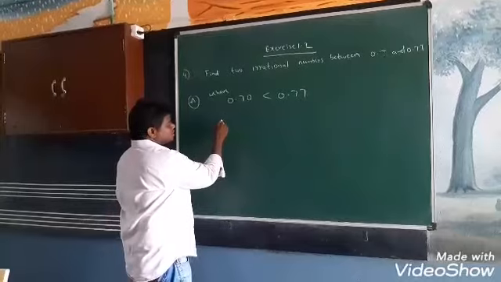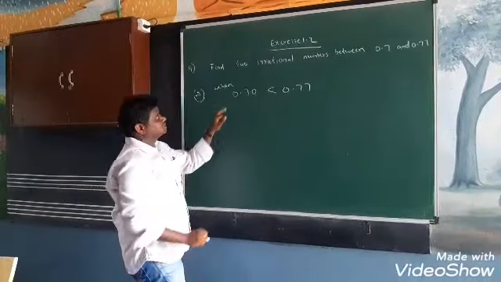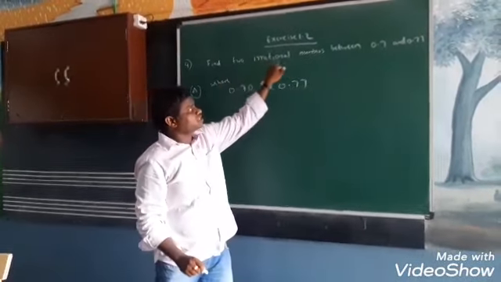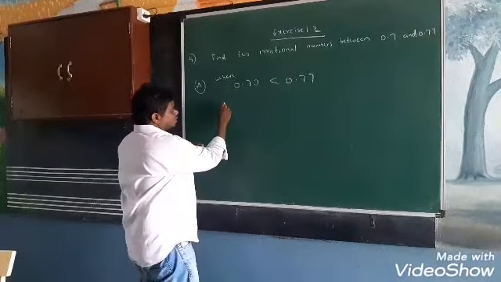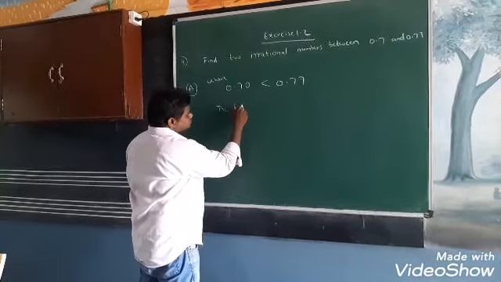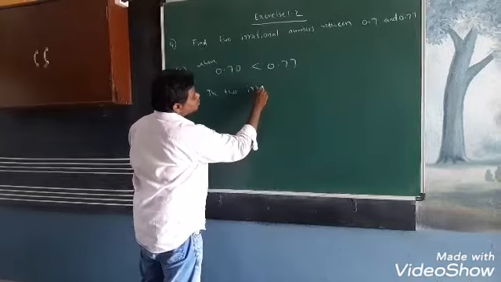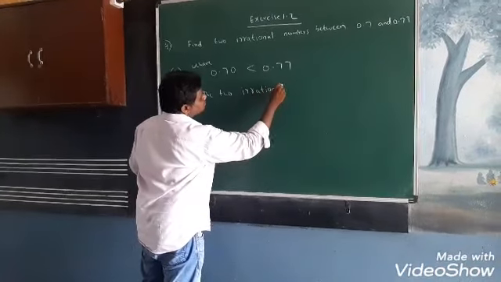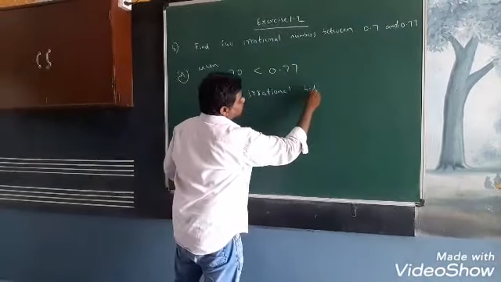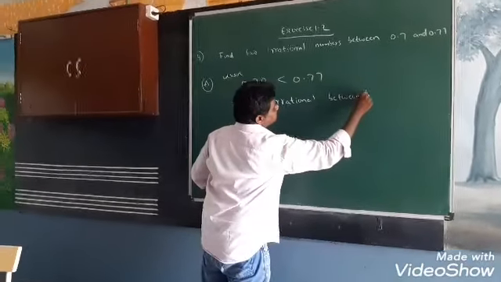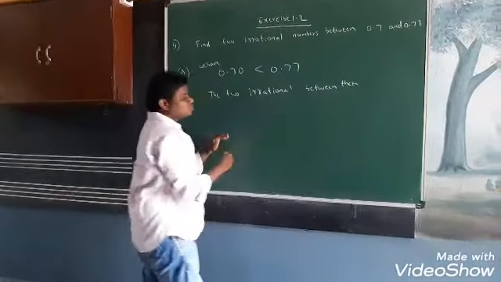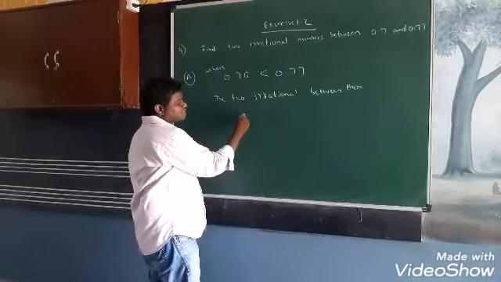So I want to insert irrational numbers here. How many irrational numbers did they ask here? Two irrational numbers. So the two irrationals between them are, irrational means non-terminating, non-repeating.